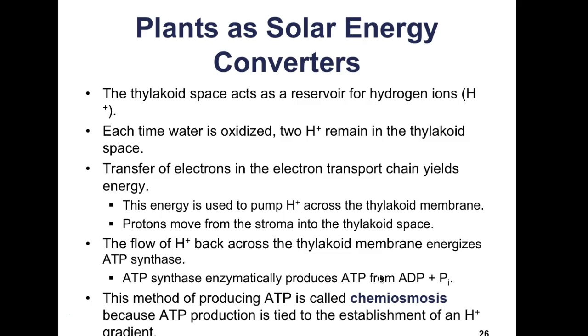So the ETS system is going to pump those hydrogen ions across the thylakoid membrane, and the hydrogen ion is also referred to as a proton. The protons are going to move from the stroma into the thylakoid space as those electrons are passing through. The flow of hydrogen ions back across the membrane energizes ATP synthase to catalyze the reaction to form ATP.